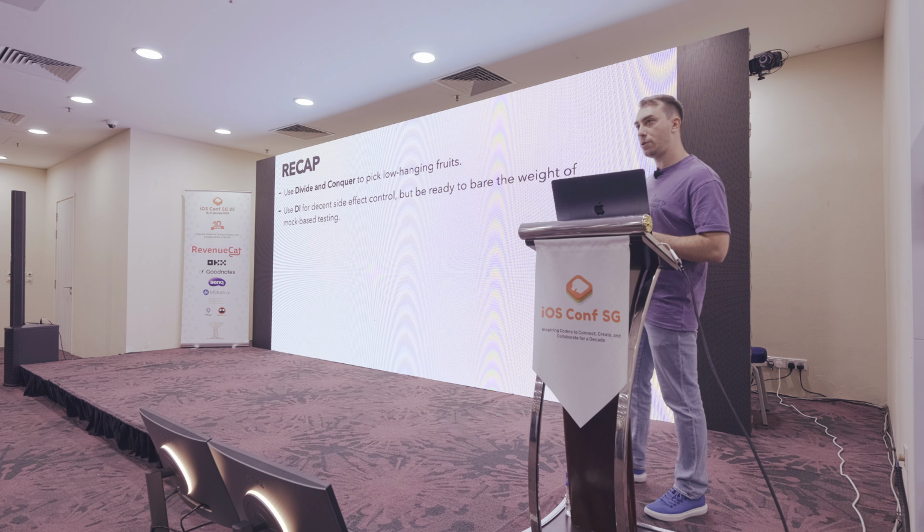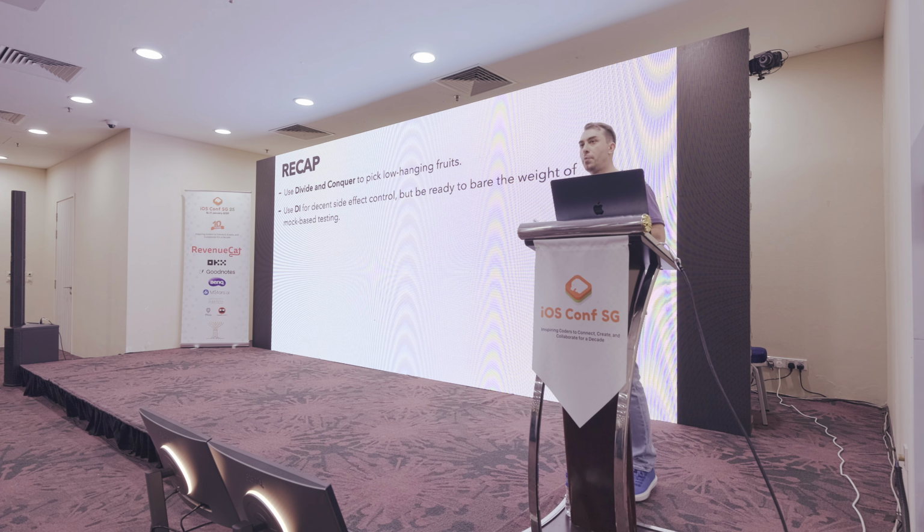Instead, look: does this piece of code perform side effects, or is it pure logic? If it's pure logic, we can extract it and completely test it, and if you stop there, you're already gaining huge benefits.